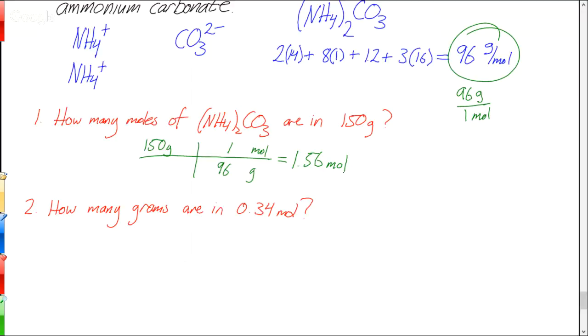The second example is a similar conversion, but the opposite. We're now told a number of moles, and we have to calculate a number of grams. So 0.34 moles of the compound, and now we're going from moles to grams. But notice the numbers from the molar mass stay with their units. The 96 still goes with the grams, and the 1 still goes with the mole.